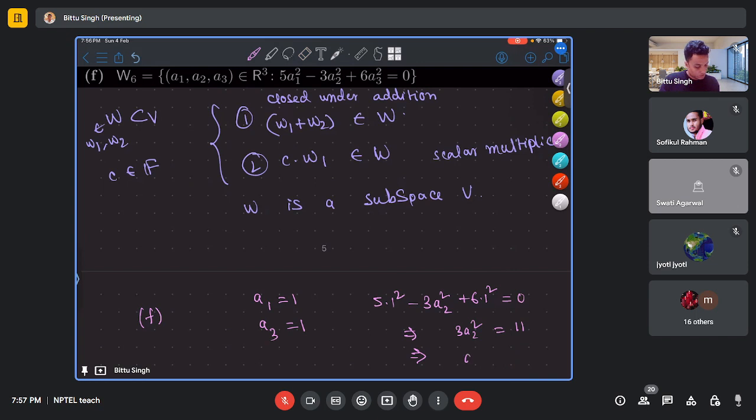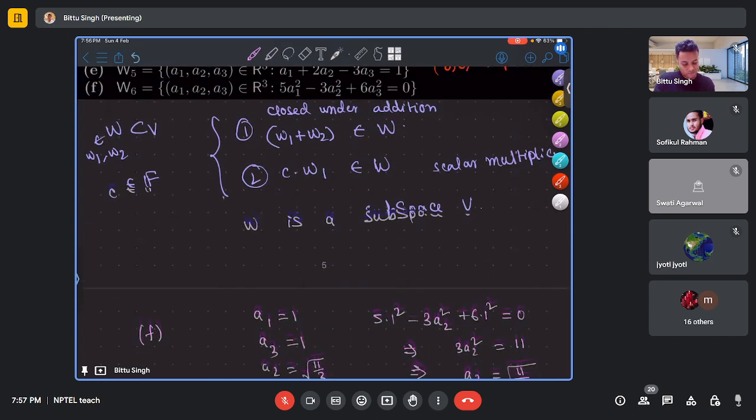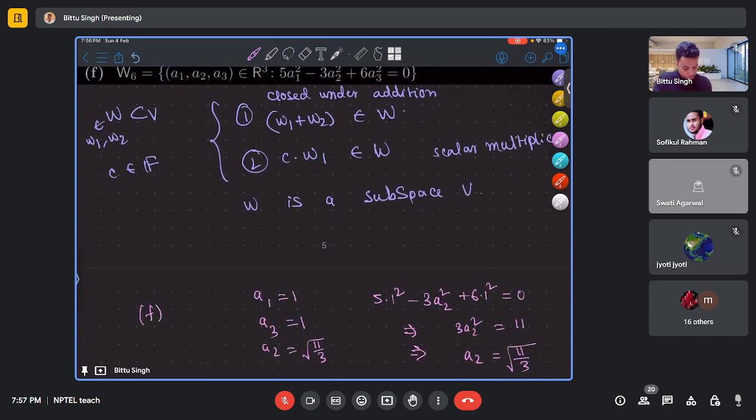Now a2 is the square root of 11 by 3. So an element of F will be (1, square root of 11 by 3, 1).